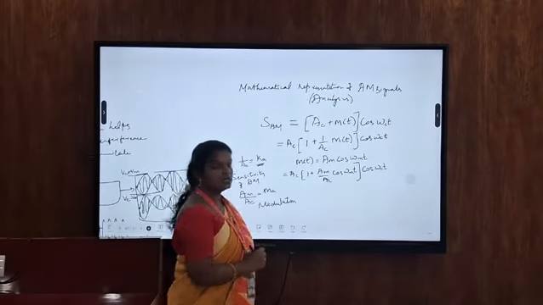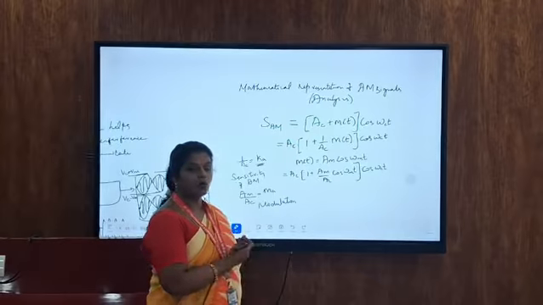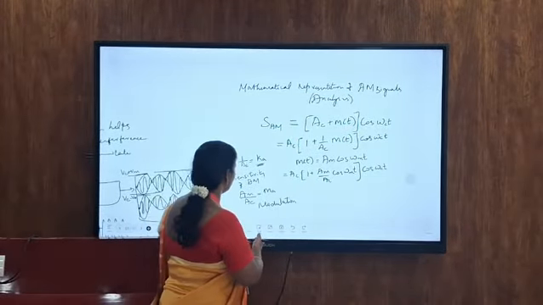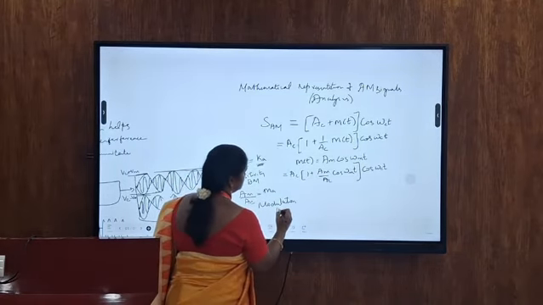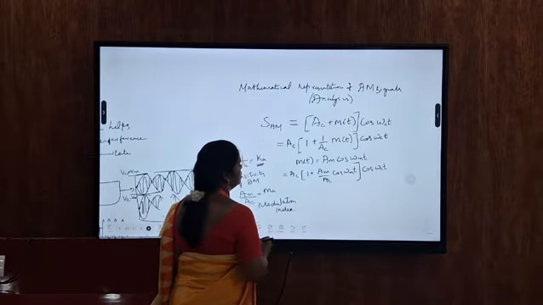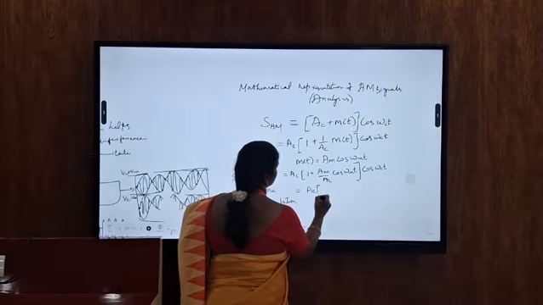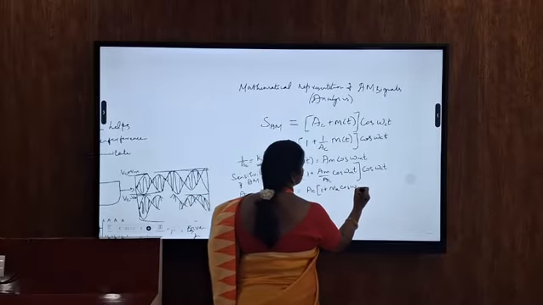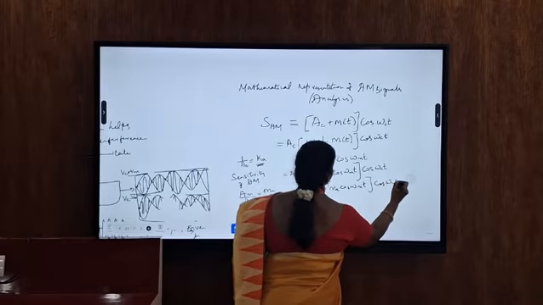The modulation index is nothing but the ratio of the amplitude of the modulating signal to the amplitude of the carrier signal. So now we have Ac into 1 plus ma cos omega m t, into cos omega c t.